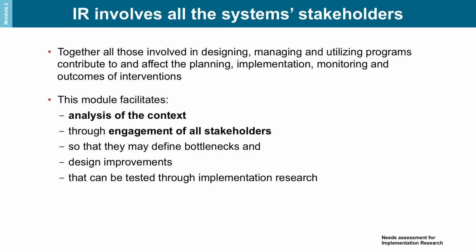We want to get everyone's opinion about what are the bottlenecks that may be affecting our current interventions. And then we want to get people's ideas and help design an intervention that we can test through implementation research. So this is the key issue, that unless we get good information, we won't have a good design to test.